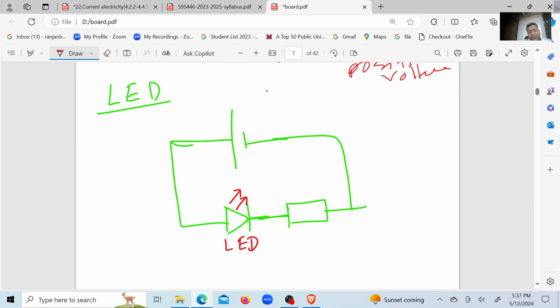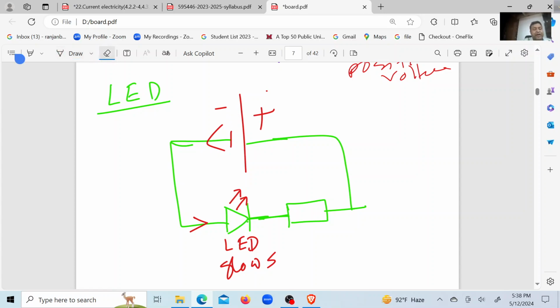Clear? This time this LED glows. Why? Because it will allow current through it, so it will glow. But if you reverse this battery connection, this time current tends to flow in this way.